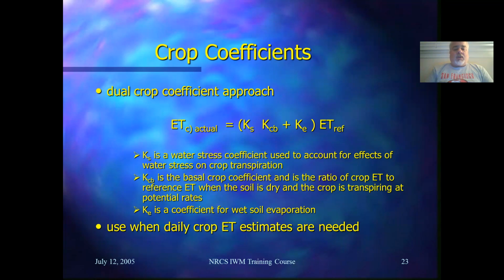Anyway, I'm not going to get into the dual crop coefficient. Not going to worry about it at all. You can incorporate the stress into your crop coefficient and use just one number.